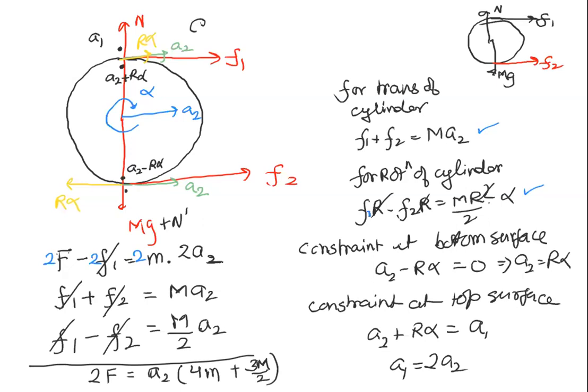So we get A2 is equal to 4F upon 8m plus 3M. Notice that the result is very similar to the result we got in the question of the last class. In fact, whenever such cylinder questions come, the result is almost the same.